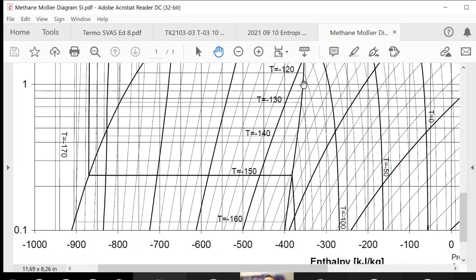Measure the enthalpy. Read the enthalpy downward here. The enthalpy is negative 350. And then over here, the enthalpy is minus 750 approximately.